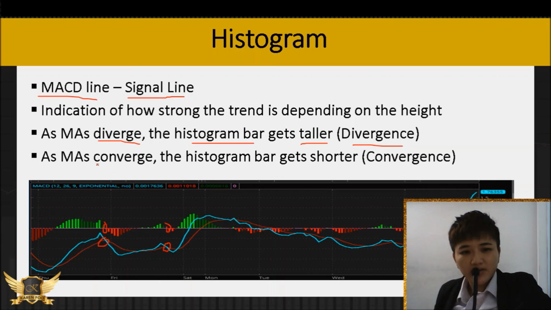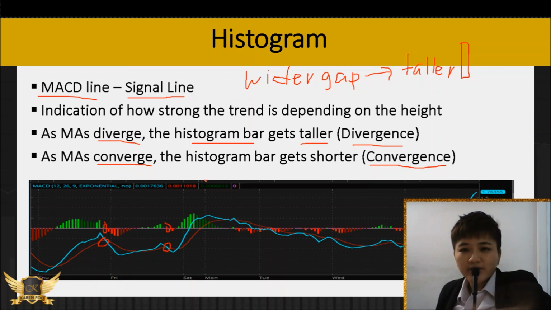And when you see them converge together, this is what we call convergence. Meaning the smaller the gap between the MACD line and signal line, the smaller the histogram bar. The wider the gap, the taller your histogram would be. And vice versa, the narrower the gap, the shorter your histogram would be.